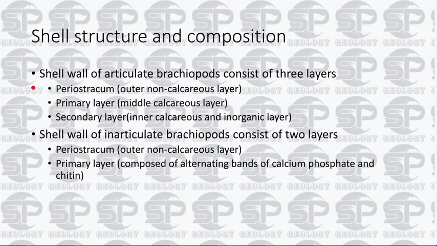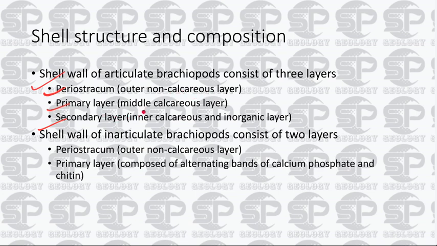So the cell wall of the brachiopoda consists of either 3 layers or 2 layers. In the case of 3 layers, there is the periostracum, then the primary layer, and the secondary layer. The periostracum is the outer layer. It consists of non-calcareous material.